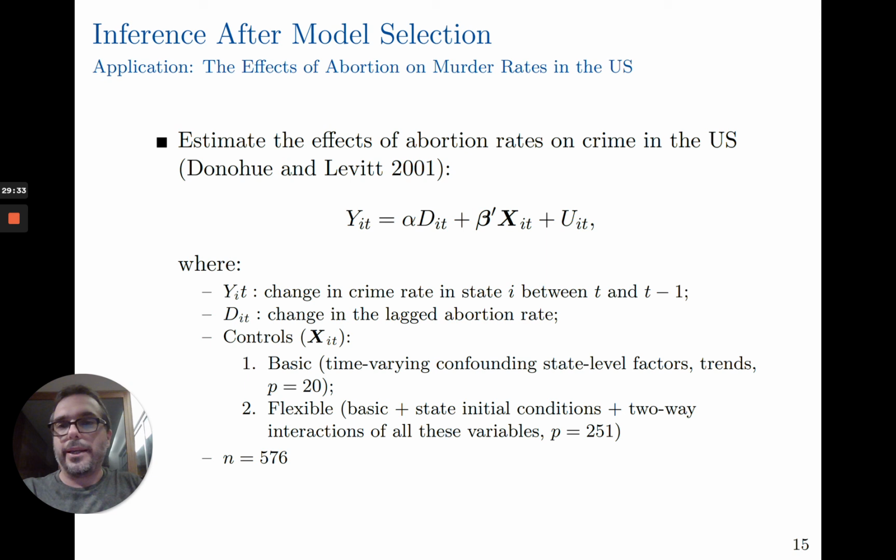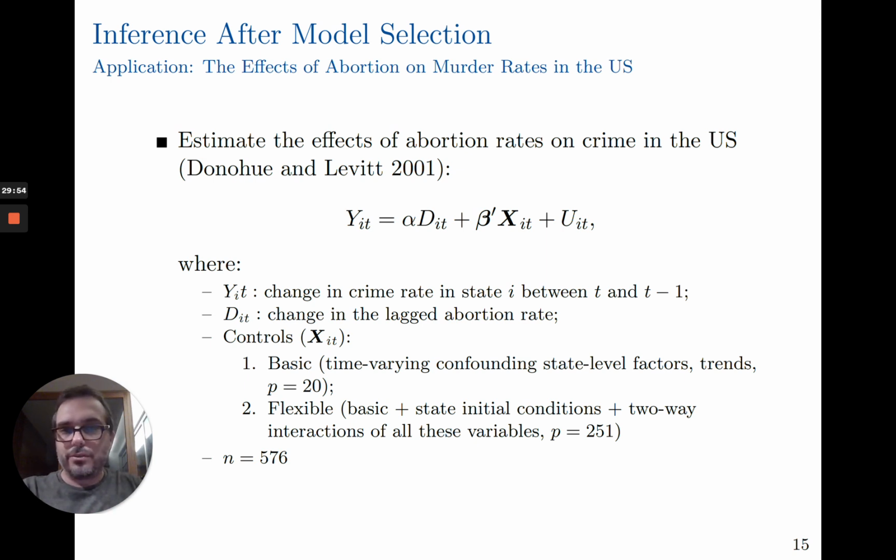They also show an application that's basically the effects of abortion rates on crime in the US. So Y is the crime rate, D is the change in the lagged abortion rate, and they have a bunch of controls in X, so they can have many controls.